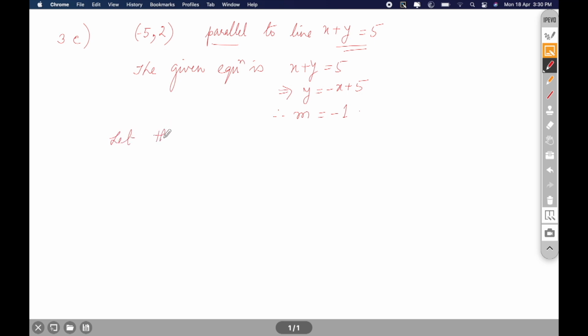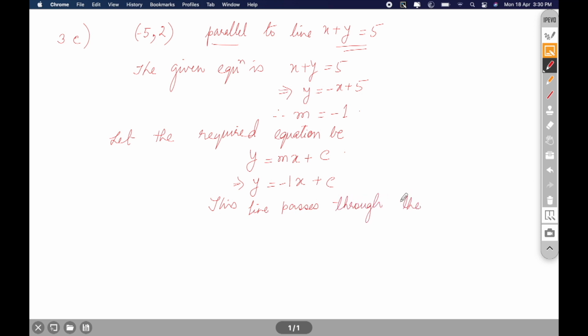Let the required equation be y equals mx plus c. The value of m is minus 1. Now this line passes through the point minus 5, 2.